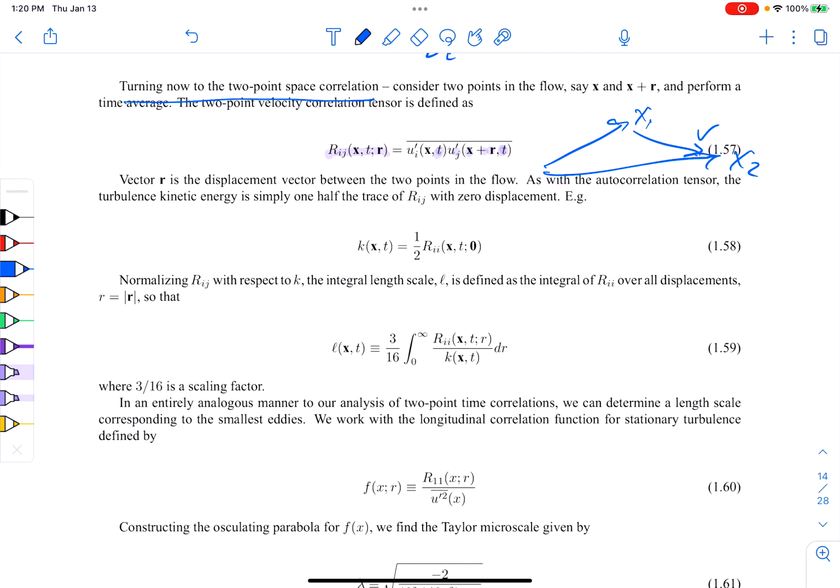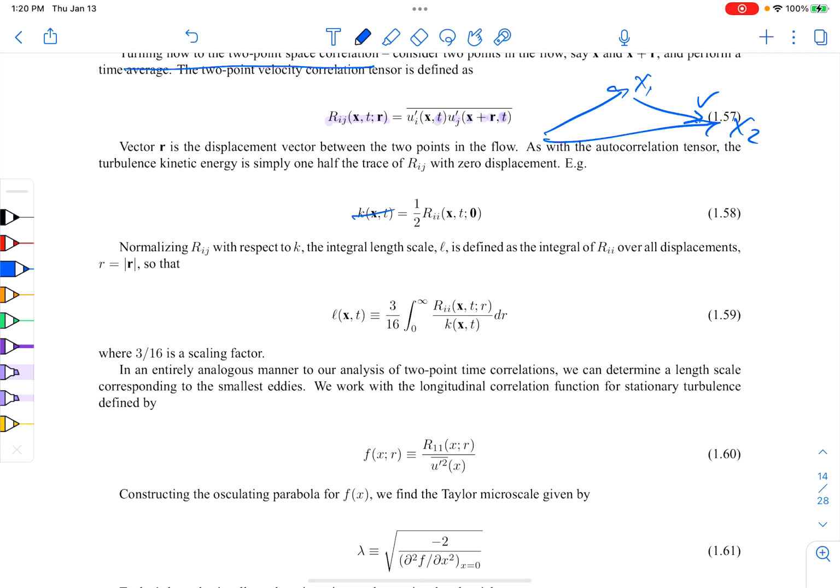Really, the two-point correlation is defined as any 2 points in your turbulent field separated by a vector r. We can choose to put these points anywhere we want, but it certainly makes a lot of sense to put them in, say, the same turbulent eddy if we can. Otherwise, they'd be totally uncorrelated.